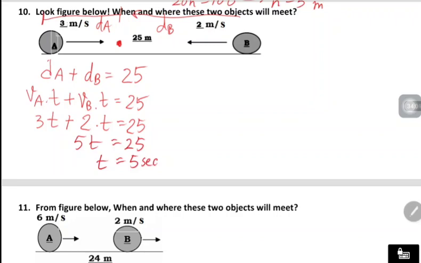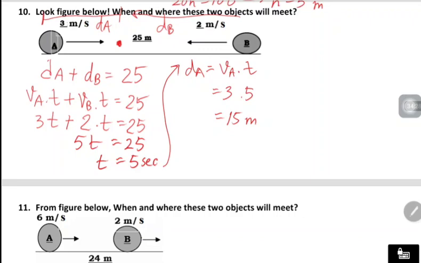Okay, next question is where these two objects will meet. We calculate the distance traveled by A, which is velocity A times t: 3 meters per second times 5 seconds. We get 15 meters.